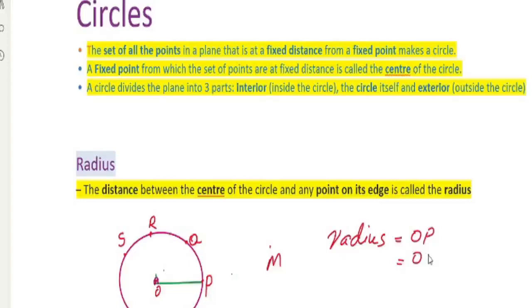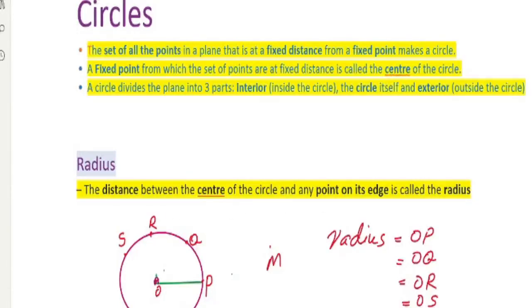If you join OQ, that is also a radius. OR is also a radius, or OS. All these join the center and a point on the boundary of the circle. So all these distances are equal, and we call it the radius of the circle.